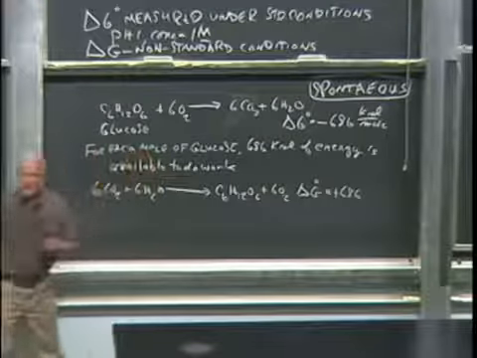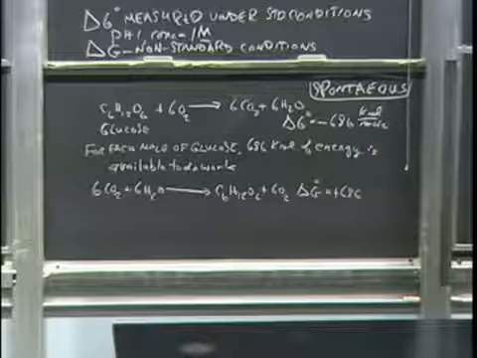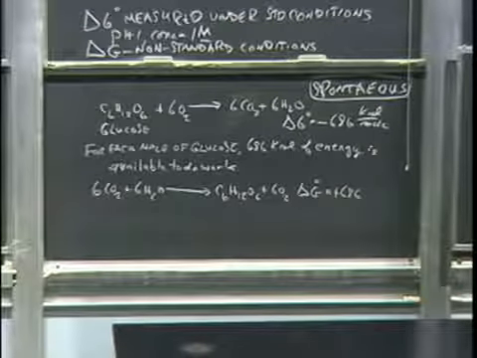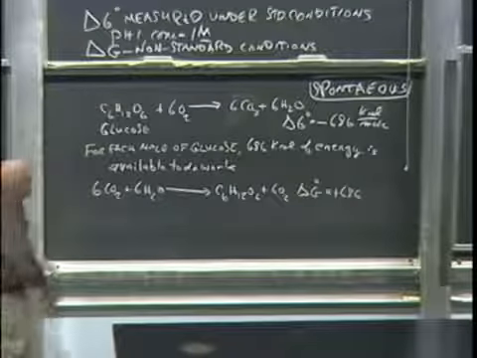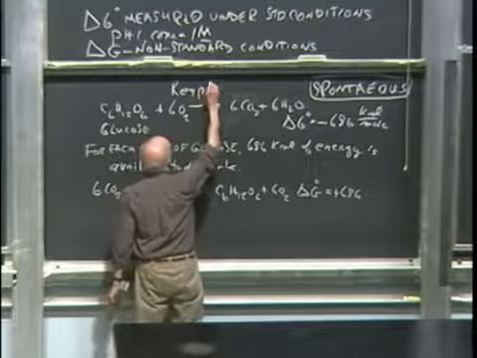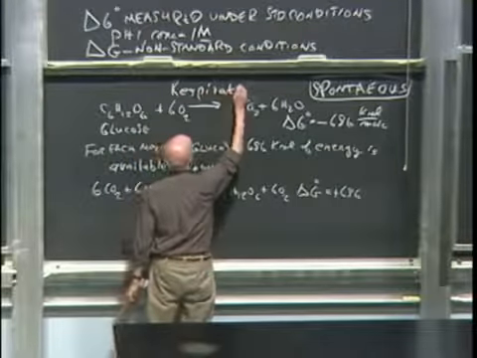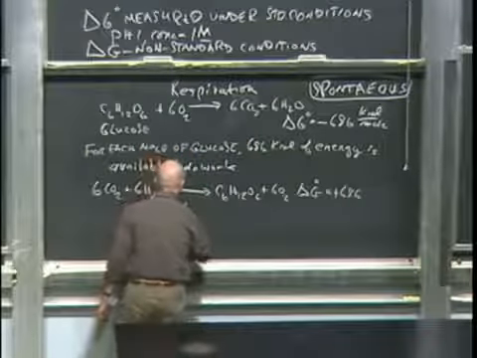So there has to be an input of 686 kilocalories of energy to make glucose. There is a release of 686 kilocalories of energy in the oxidation of glucose. This is what we call respiration, and this is photosynthesis.